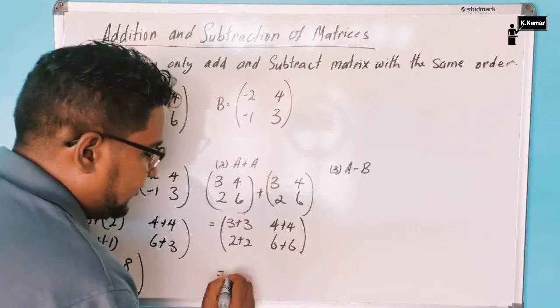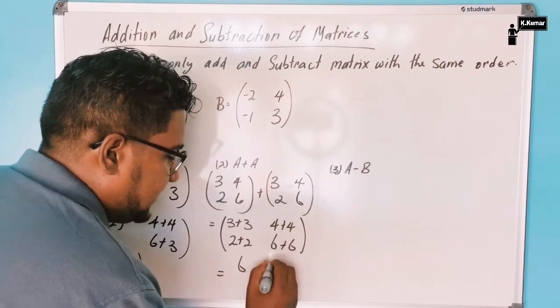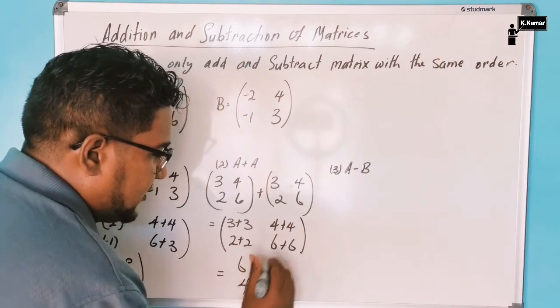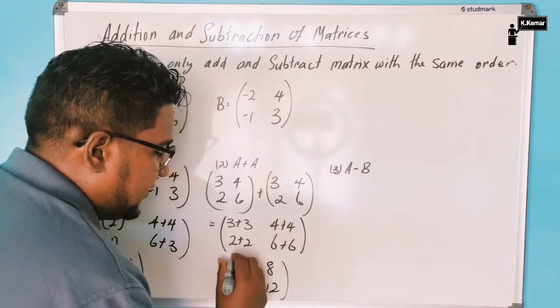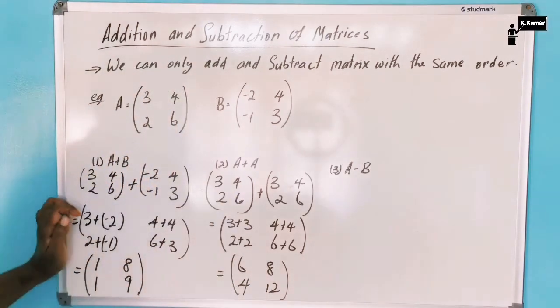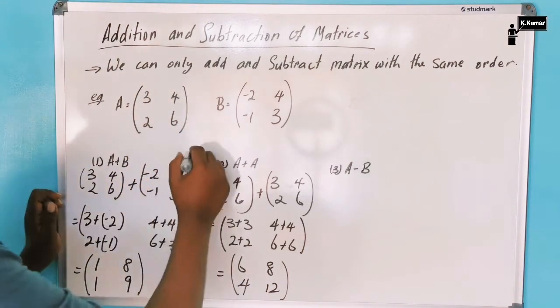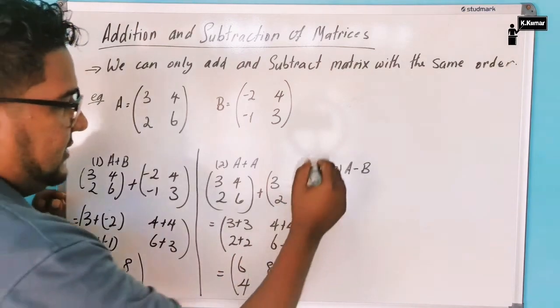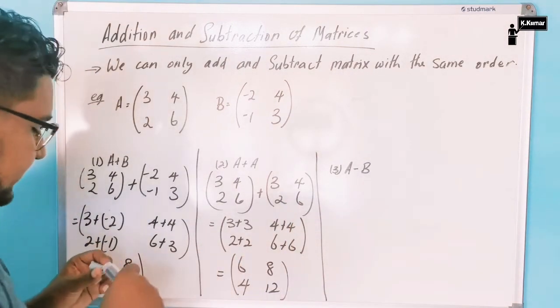That's going to give me 3 plus 3 is 6, 4 plus 4 is 8, 2 plus 2 is 4, and 6 plus 6 is 12. So the answer for A plus A is 6, 8, 4, 12. We'll put a line here so that you get the separations.